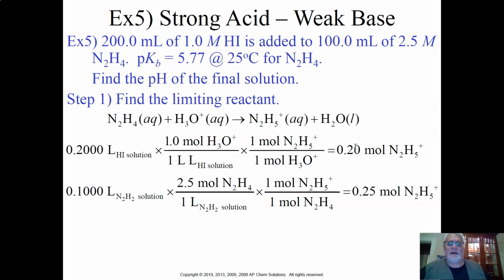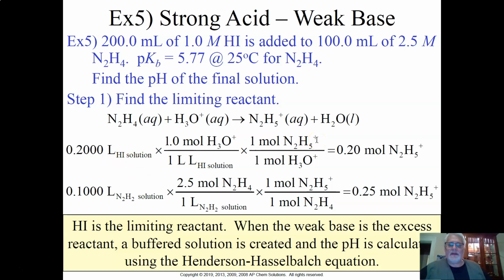So clearly the HI is the limiting reactant, and when the weak base is a reactant, this is when you get a buffered solution happening, and you could use Henderson-Hasselbalch equation.